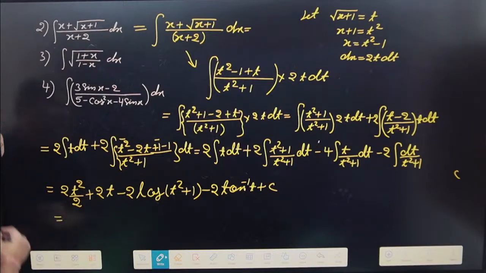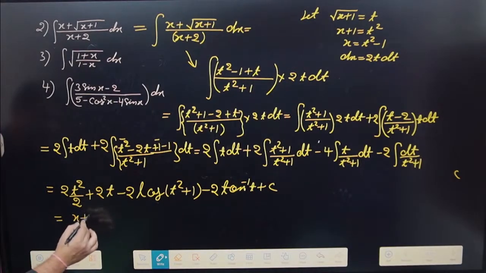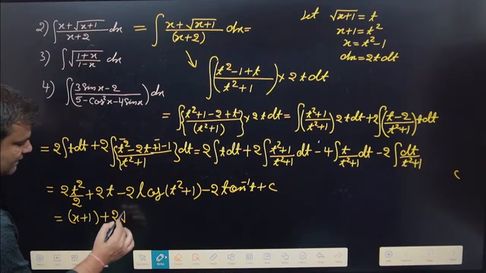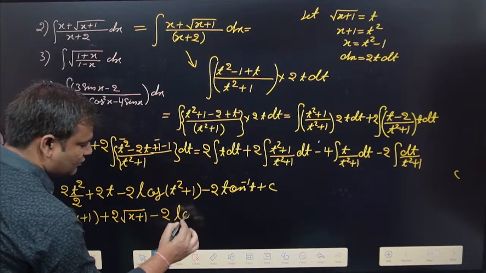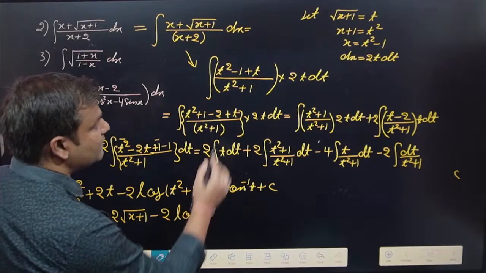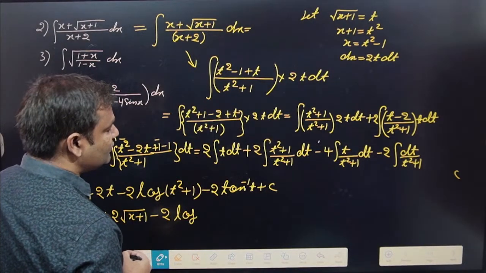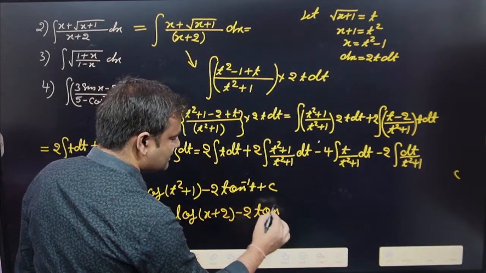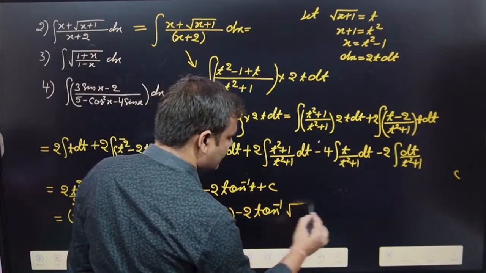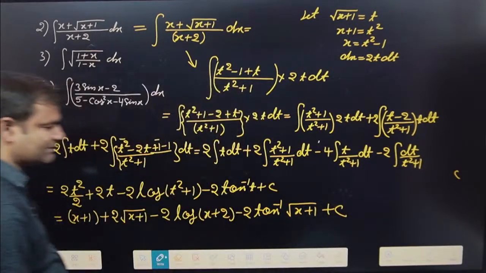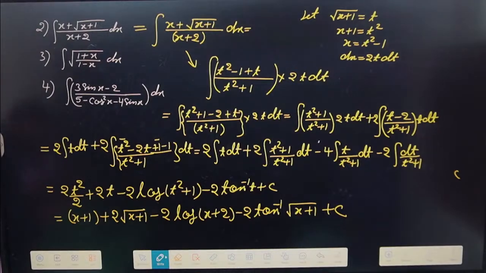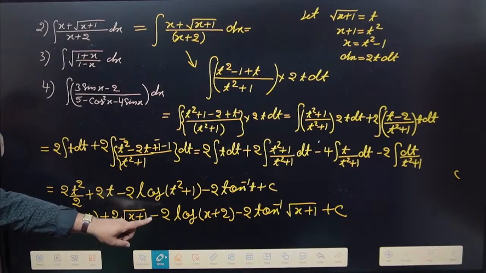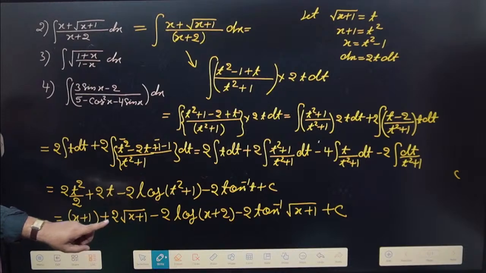So you can say that t square is basically replaced by x plus 1, and t is replaced by root of x plus 1, and here 2 times t square plus 1. t square plus 1 is basically x plus 2, so minus 2 times tan inverse of t, t basically root of x plus 1, and plus c is the right answer. x plus 1 plus 2 times root x plus 1 minus 2 times log of x plus 2 minus 2 times tan inverse root x plus 1 plus c.